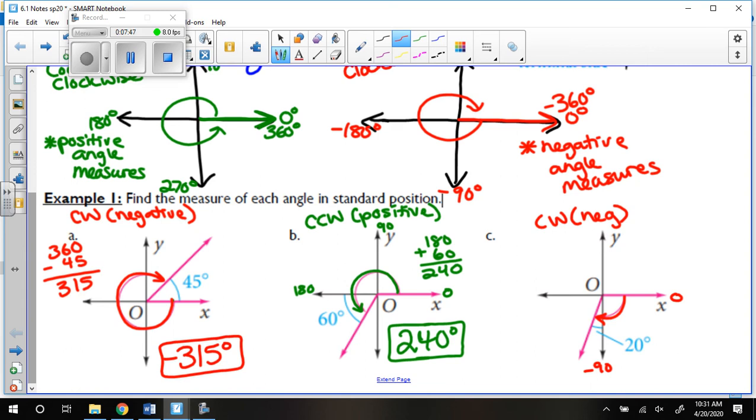Now, personally, I think since this is going in the negative direction, technically that 20 should have had a negative in front of it. But we can say that 90 plus 20 more is 110. But since we're going in a negative direction, we're going to say that this angle is negative 110 degrees.